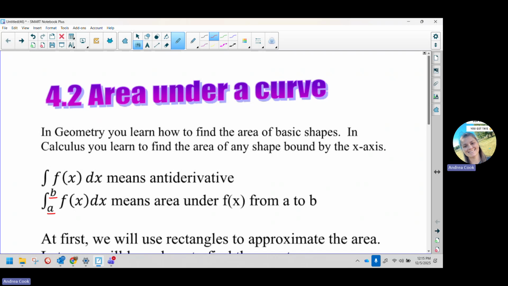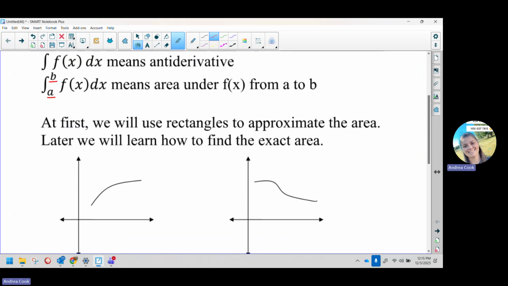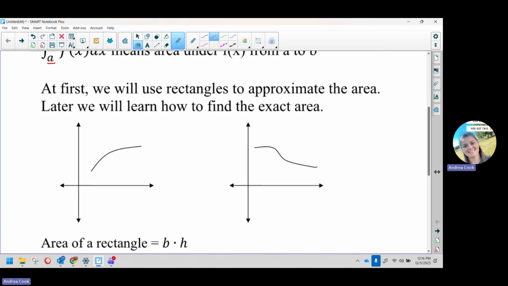So as a picture, we're not going to learn yet how to find the exact area. We're just going to learn the approximate area by using rectangles. So here, if this function is f of x, and I have a boundary here of A and a boundary here of B, the area of this shaded region right here is the integral from A to B of f of x dx.